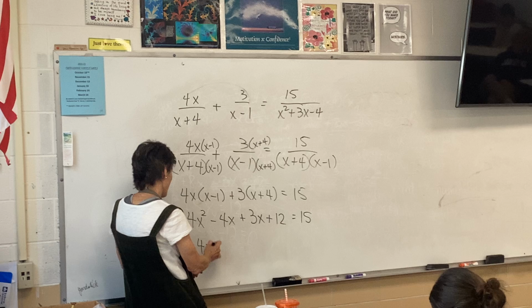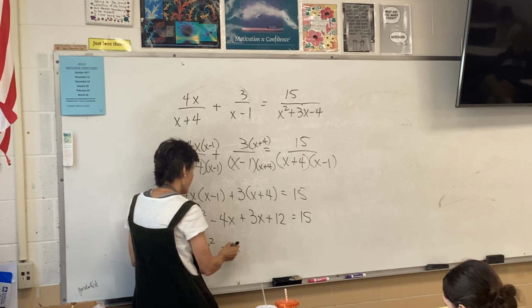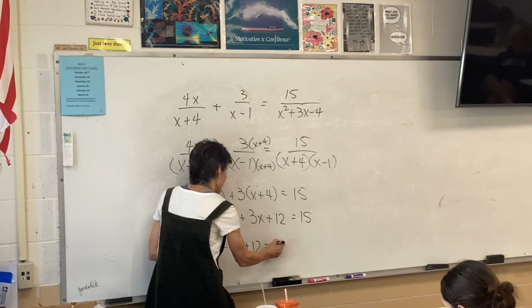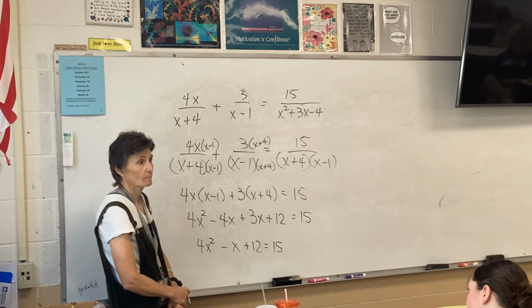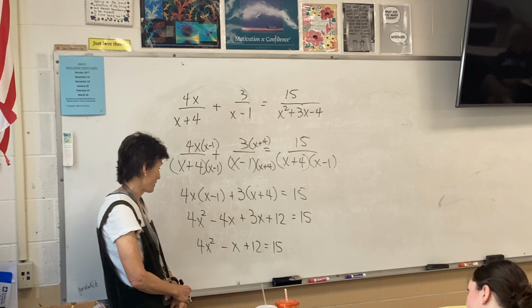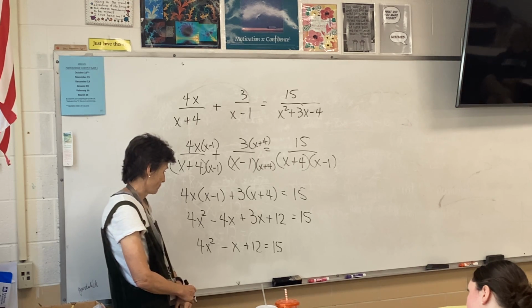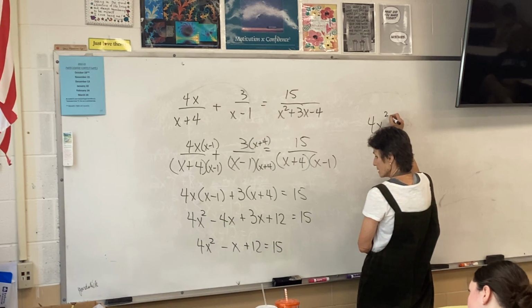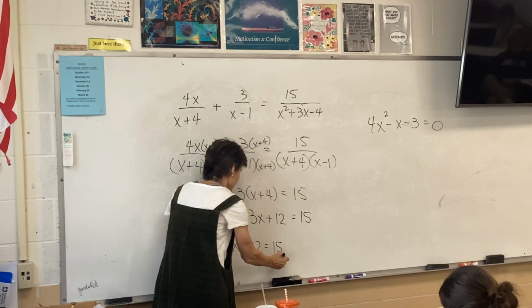So I got 4x squared minus x plus 12 equals 15. What about that? Move the 15 over. So 4x squared minus x minus 3, if I subtract 15.